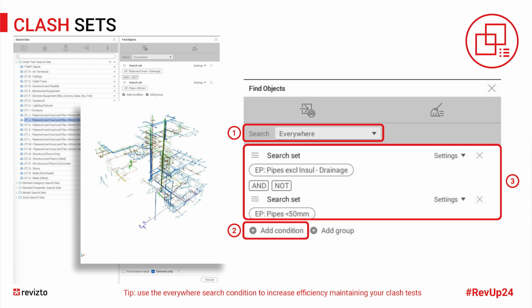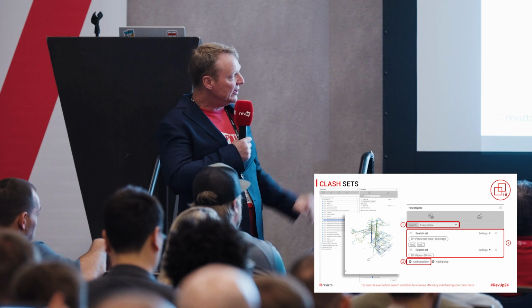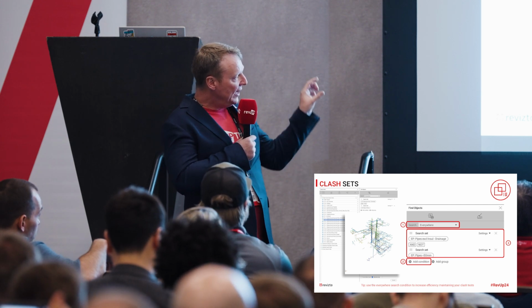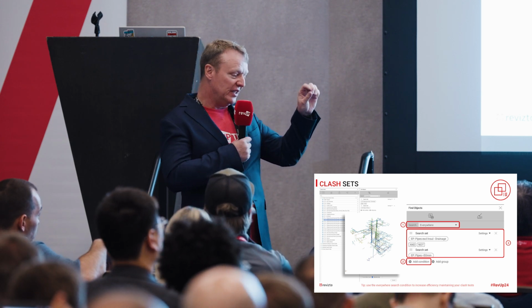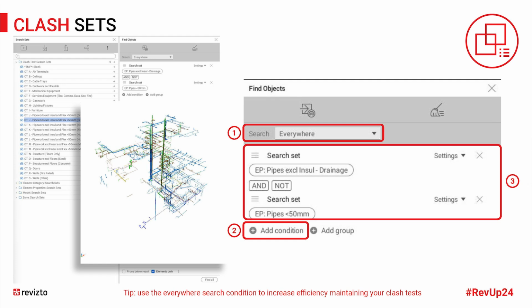And then to build the clash test, just grab the search sets that you want. Again, I would always set the clash test to be everywhere at that kind of overall level, and then all of the specific searching inside the nested sets takes place, and then you can mix and match them.